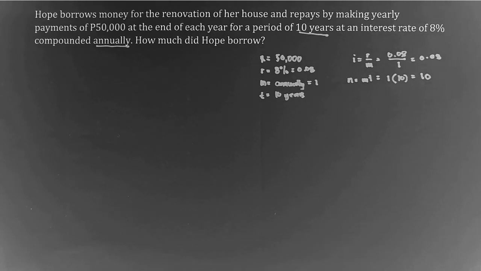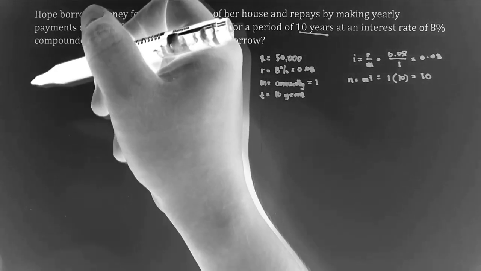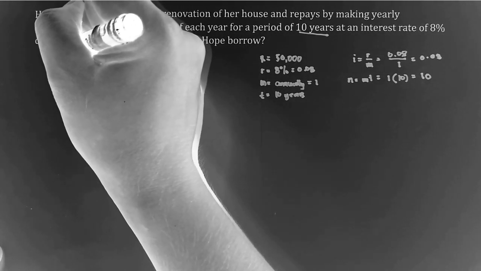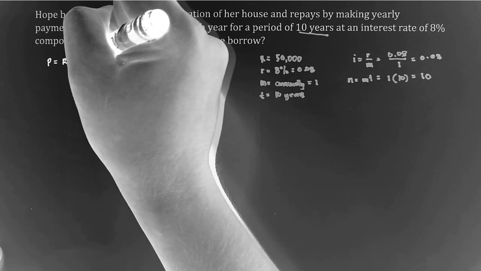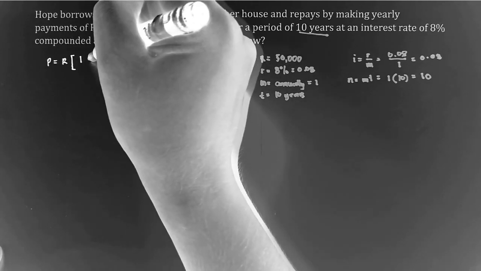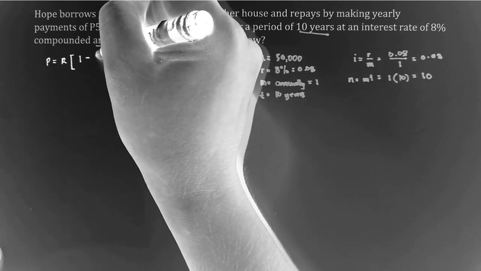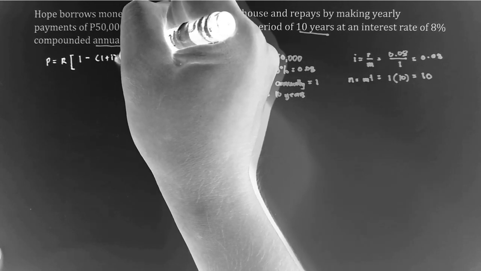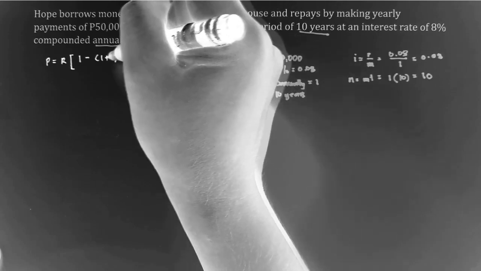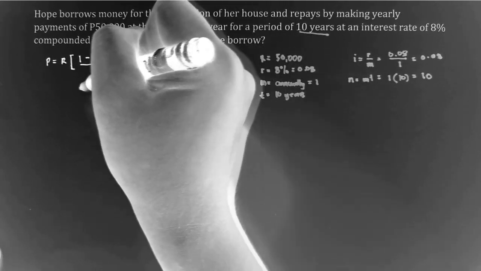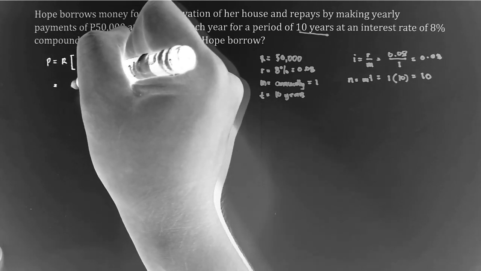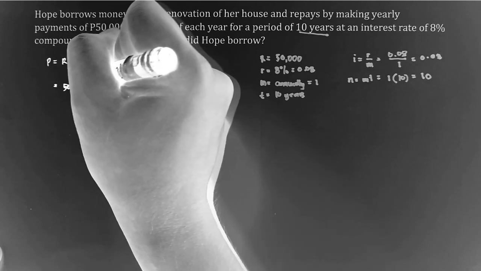So, gamit uli itong mga values na ito, substitute natin sa formula natin ng paghahanap ng present value. We have here P is equal to R times 1 minus 1 plus I raised to negative N over I. And then yung value ng R natin in this case is 50,000.